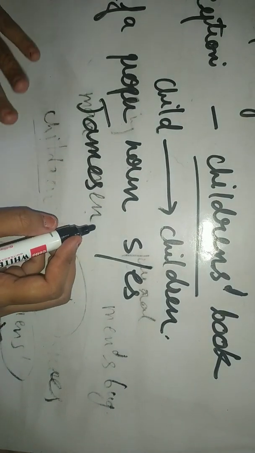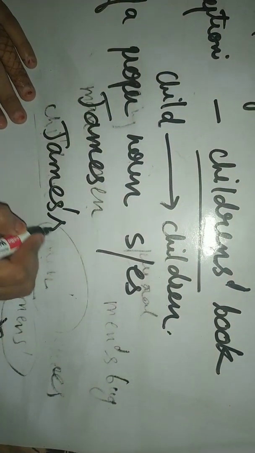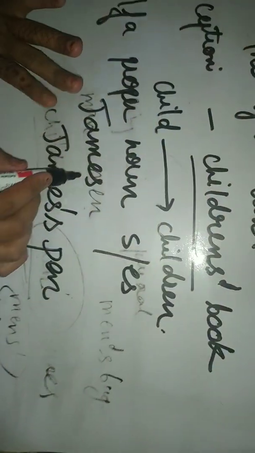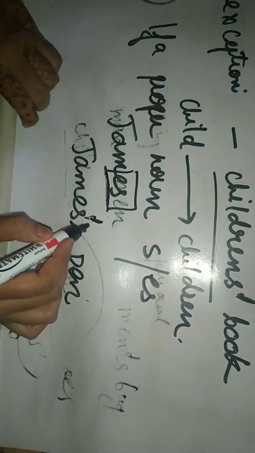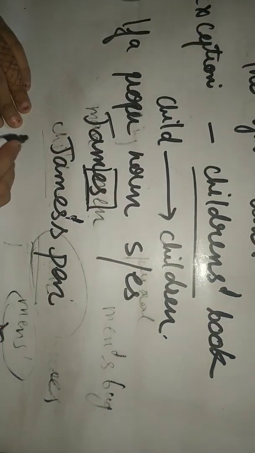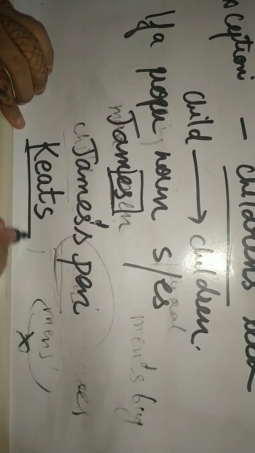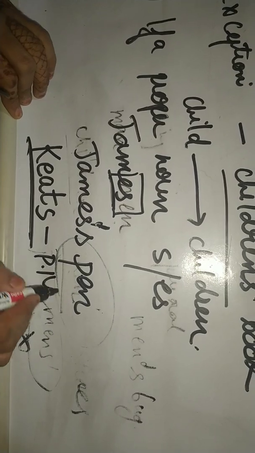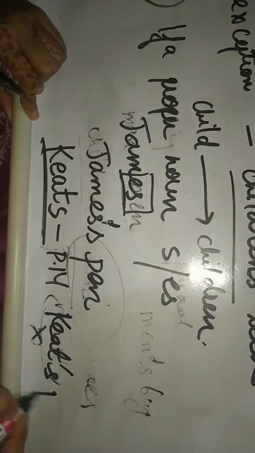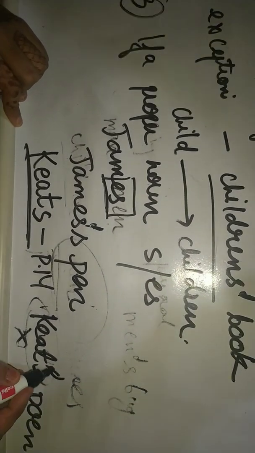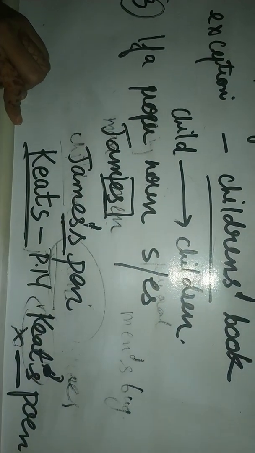Okay, so we will write James's pen. See, a proper noun, if it is ending with s or es, then we will write apostrophe plus s. For example, Keats. Keats is a name, it is a proper noun, so we will write Keats's poem. I have told you, in case of a proper noun, first we add the apostrophe followed by s. I hope it is clear to you.